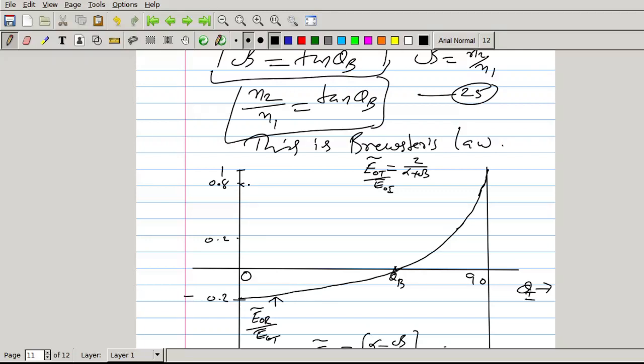So the total value, we should keep it 1. So as alpha increases, this value decreases, and when alpha becomes infinite, or when theta equal to 90 degree, this will reach 0.